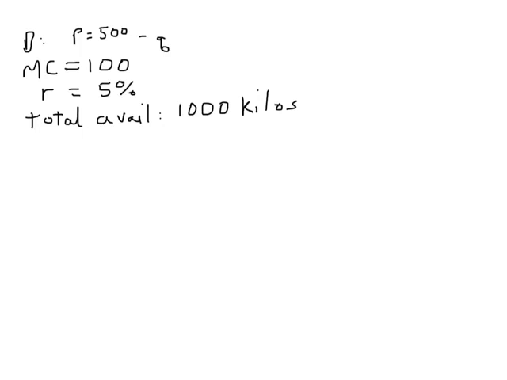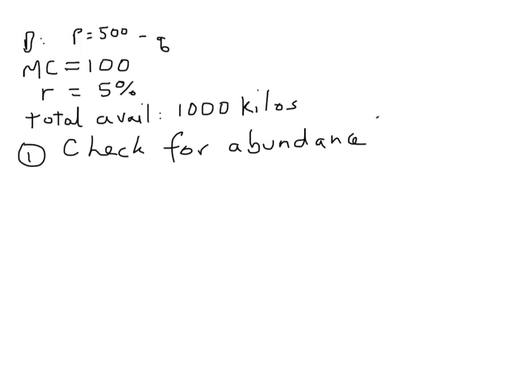So the first thing you do to solve these problems is check for abundance or scarcity. You've got to know which case you're working with because the analysis is different depending on what you've got in front of you. To check for abundance, you just map out the supply and demand.